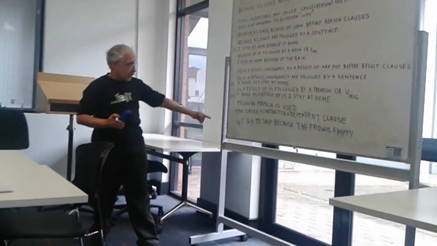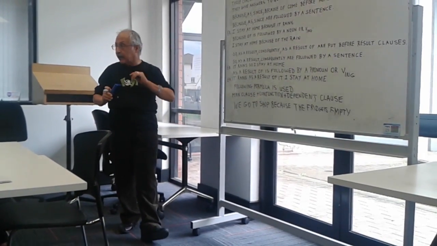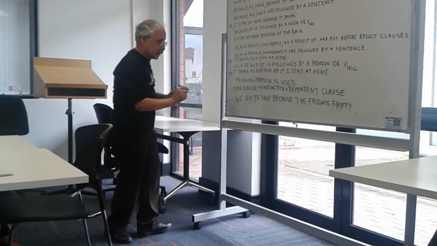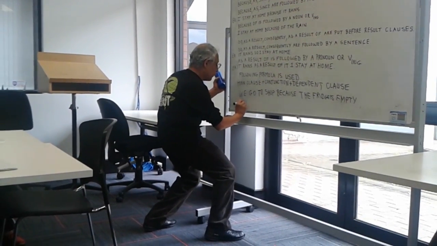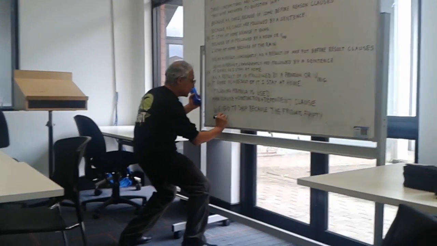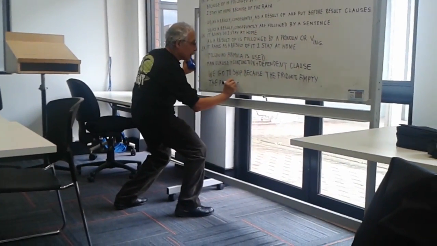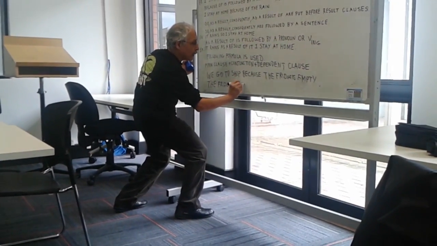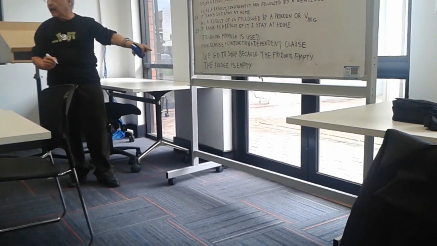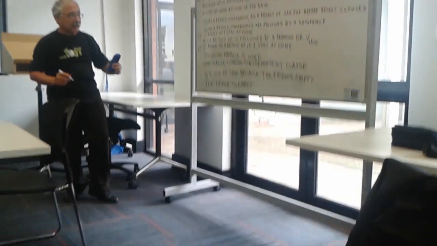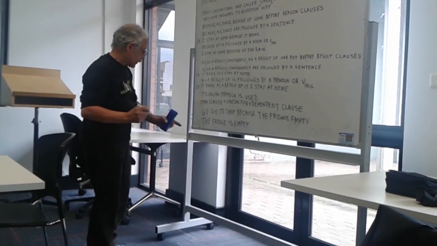The first group is: we go to the shop because the fridge is empty. The second group is: the fridge is empty. This is the main clause. The fridge is empty, and we continue the sentence.